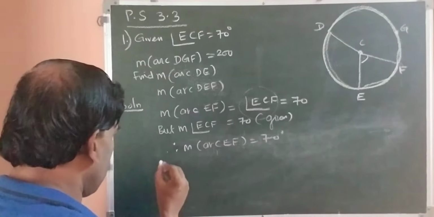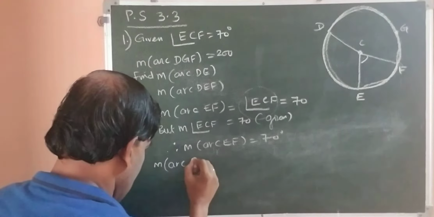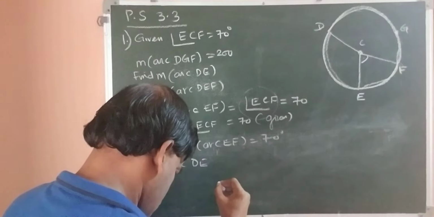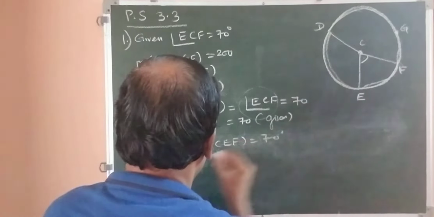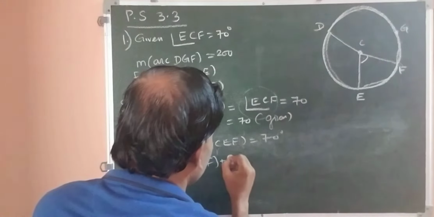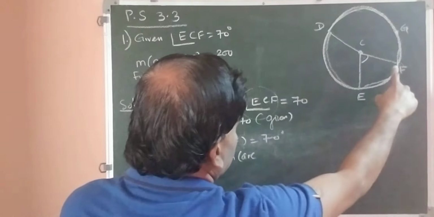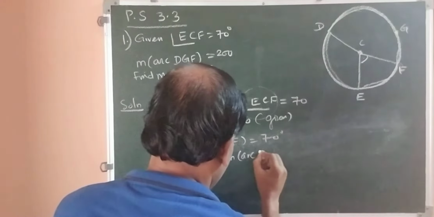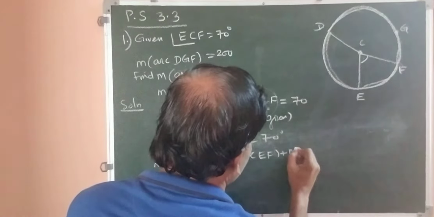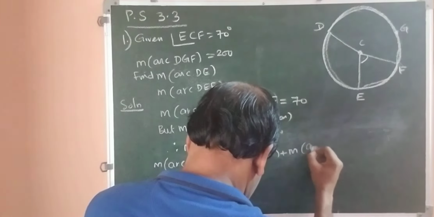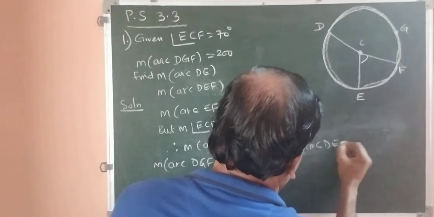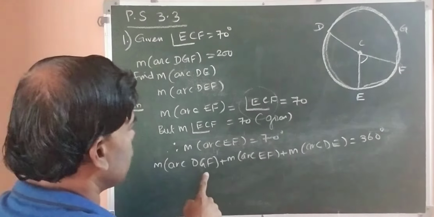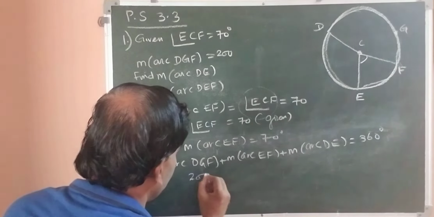That is, measure of arc DGF plus measure of arc EF plus measure of arc DE equals 360, right? So what is the measure of DGF? It is given, 200.